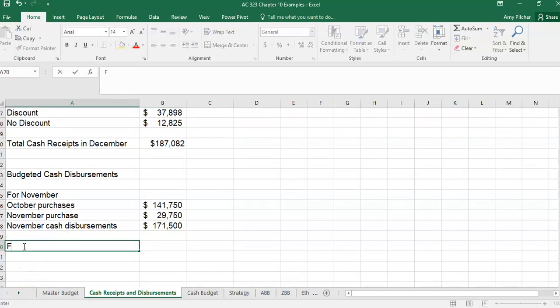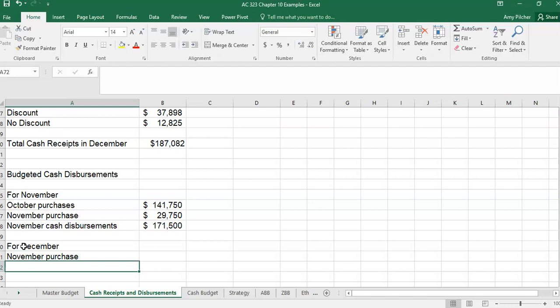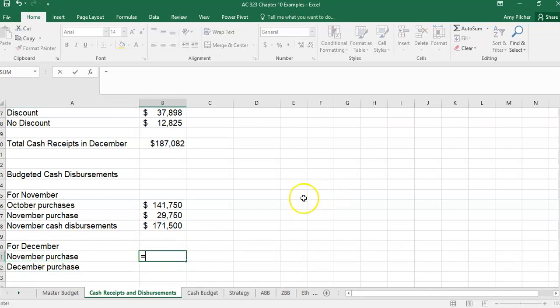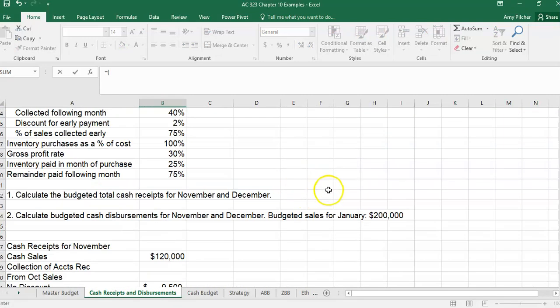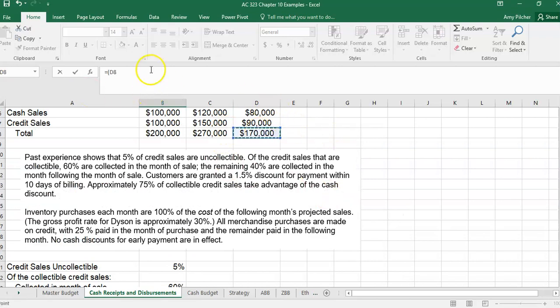And then for December, we're going to have our November purchases and our December purchases. So for November, we're going to pay on December sales, 0.7 times 0.75.